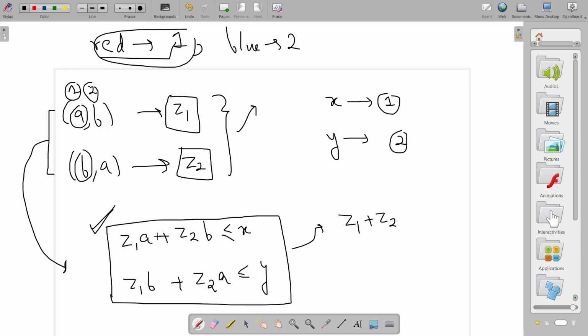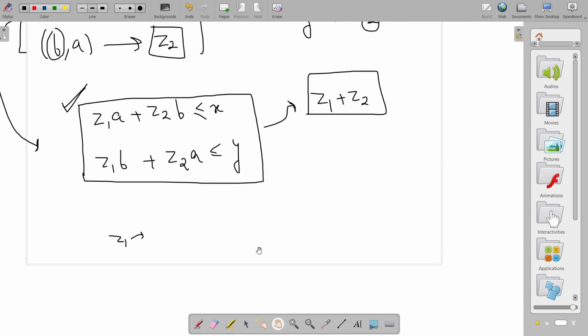Similarly, we can write the equation for the blue candies. So this is a system of equations, and we have to solve it such that we maximize Z1 plus Z2. This gives a hint of using coordinate geometry because it's a system of two equations.